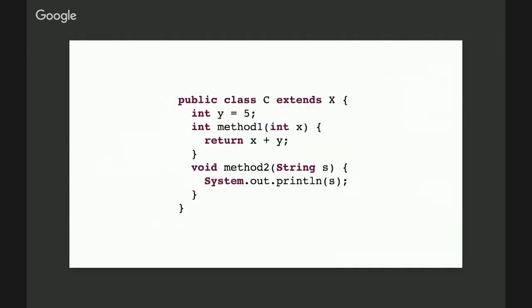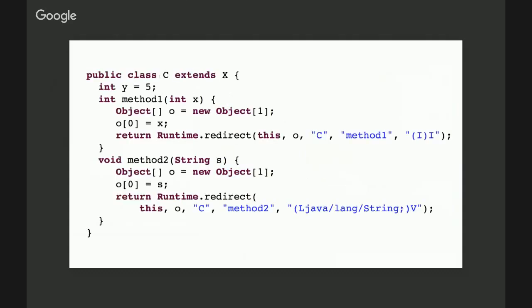So here we have a class C, it extends a class X, and we have a little bit of state and a couple of methods, a bit of behavior. So we have some structure of the class, some state, and some behavior. What a JRebel enabled runtime would do when it loads this is it would first load a class C, which extends X. Notice that the signature of the class is the same. We still have the state where the signature is the same, and the methods where the signatures are the same.